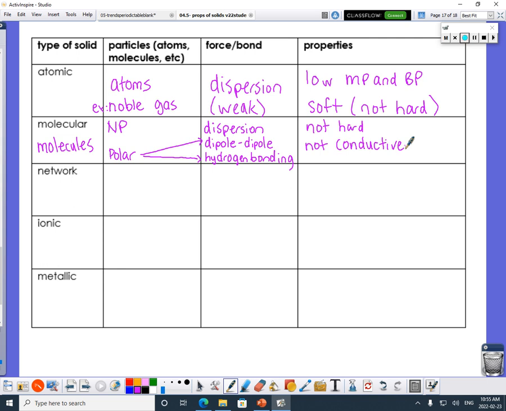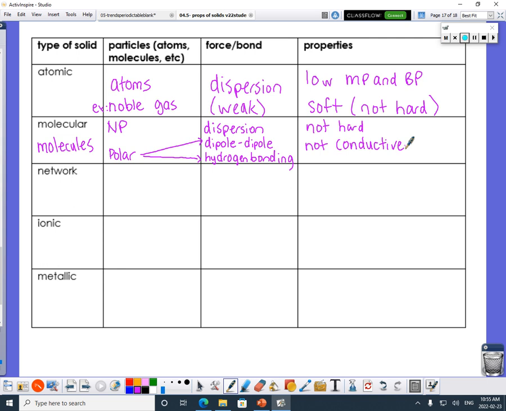Now, it is sort of a little bit ruthless to ask you to compare melting points within polar molecules. Now, when we get to organic, we're going to talk more about the difference between nonpolar and polar. So eventually you will be able to do it, but here that's a bit tough.